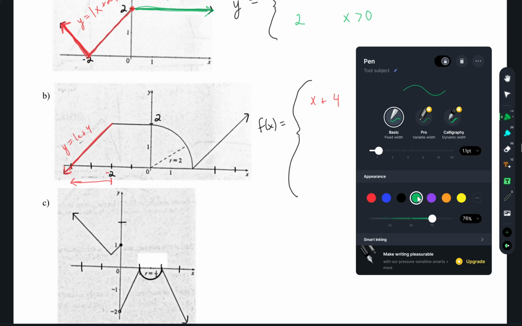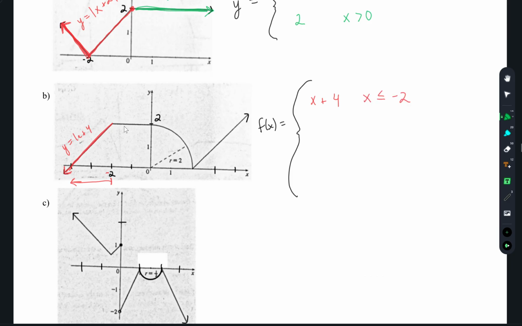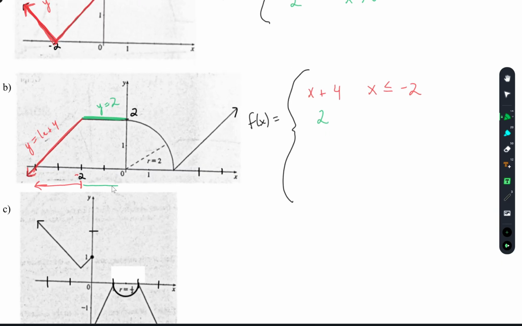Next is, I'll do green. Got to keep the rainbow up. So we've got good old horizontal, making another appearance here. So that's 2, because it's just horizontal, y equals 2, right? So then that is just an in-betweener, between -2 and 0, and x is in the middle.